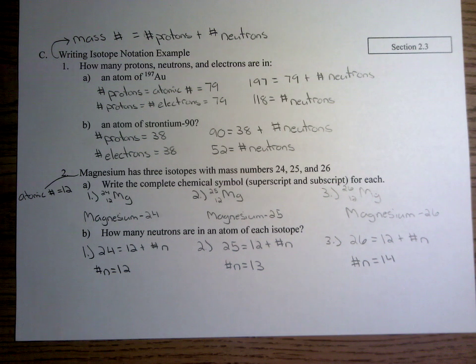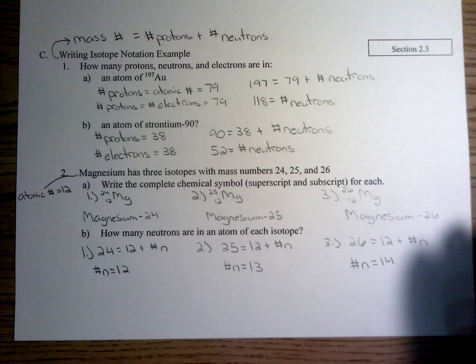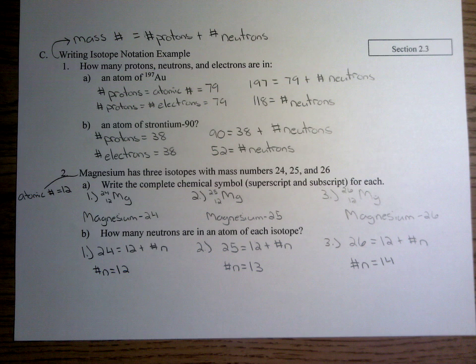And that's generally what we see rather than dealing with all of the isotopes an element may have. So it's important to know this so that we can identify that isotope and how many protons, neutrons, and electrons they have.